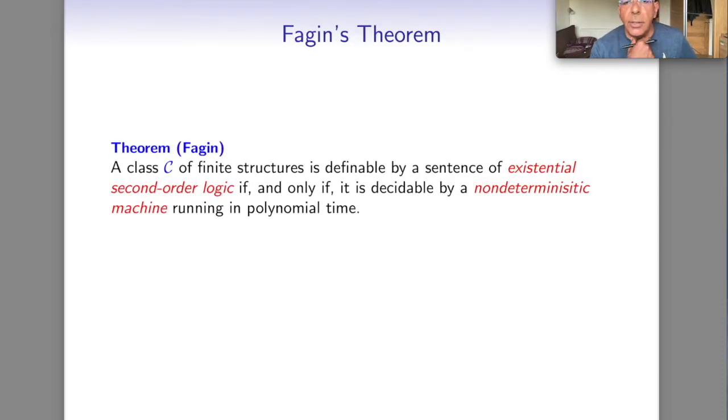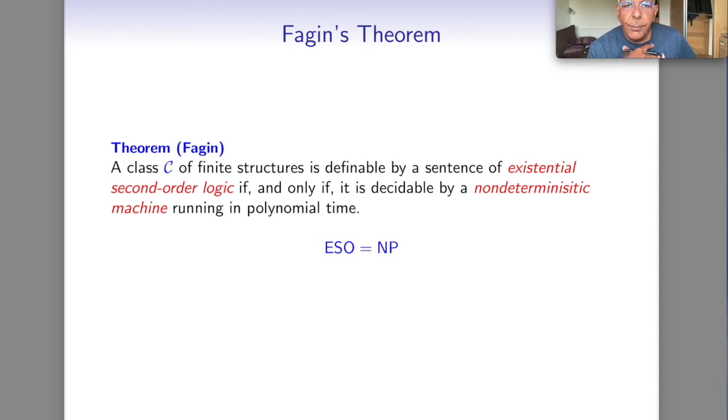So let's start with Fagin's theorem, which I already mentioned in the first lecture. A collection of finite structures is definable by a sentence of existential second-order logic if and only if it's decidable by a non-deterministic machine running in polynomial time, or in brief, existential second-order logic is the same thing as NP.